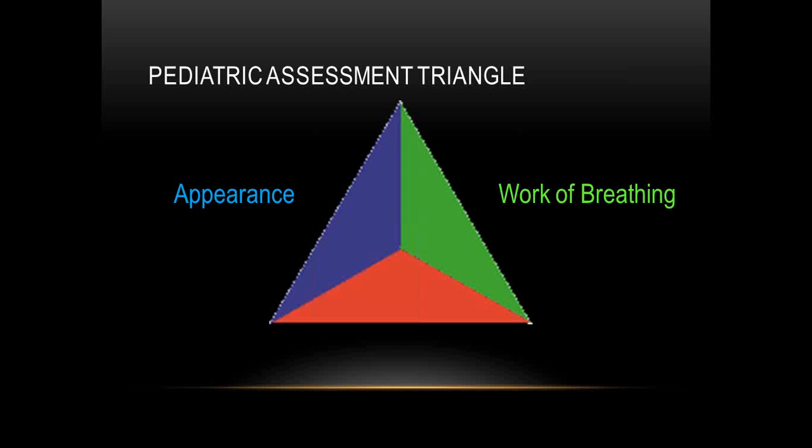We want to look at how he's positioned. We want to look at those substernal markers in the neck. Sometimes when you see a patient that's working really hard, you see those areas between the neck and the shoulders that will suck in as they try and take a breath.